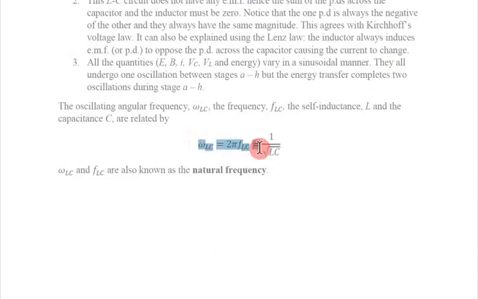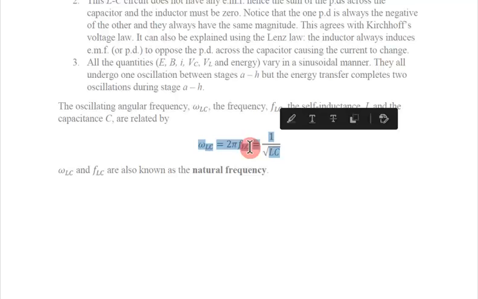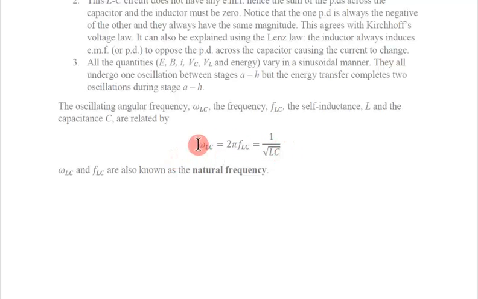Okay, so this is the natural frequency of the capacitor and inductor combination. So the LC oscillator will have a natural frequency of the inverse of the square root of the inductance multiplied by the capacitance.